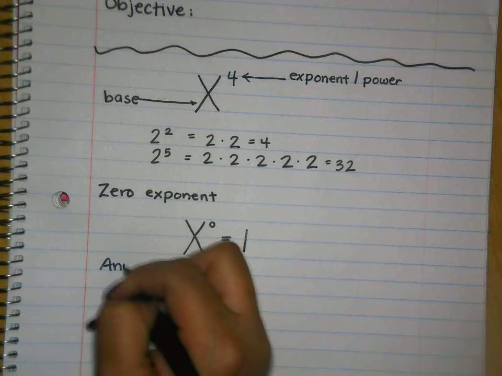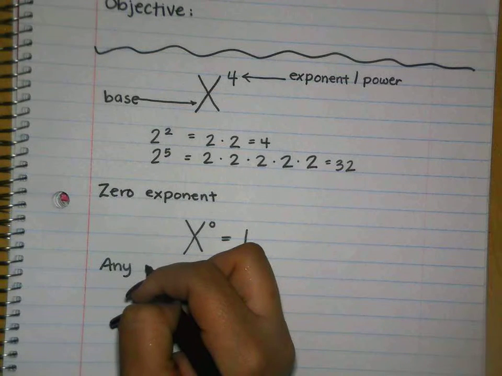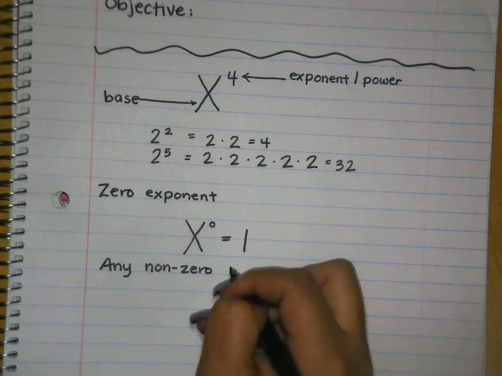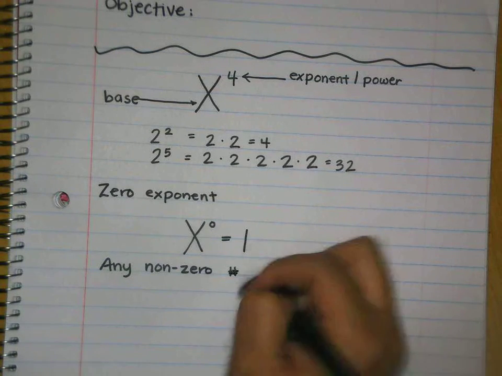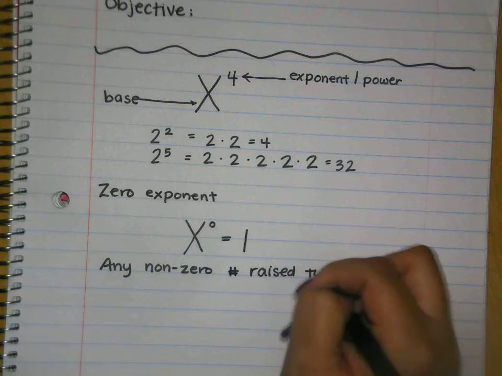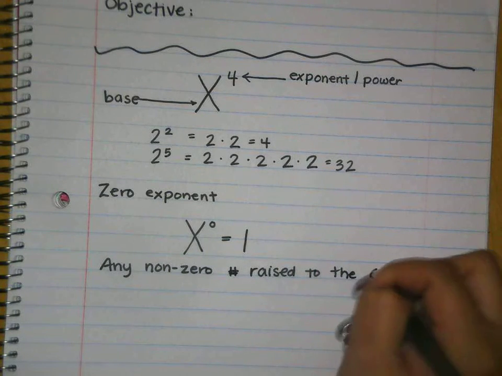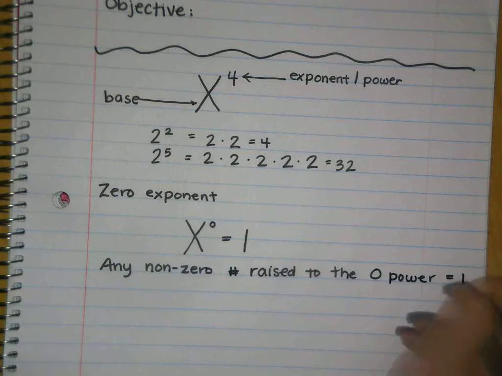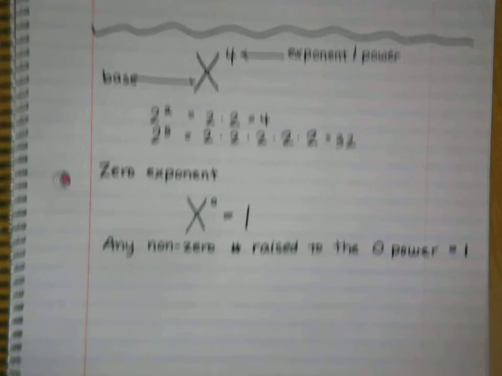So any non-zero number raised to the 0 power is 1. And I'm going to show you some examples.